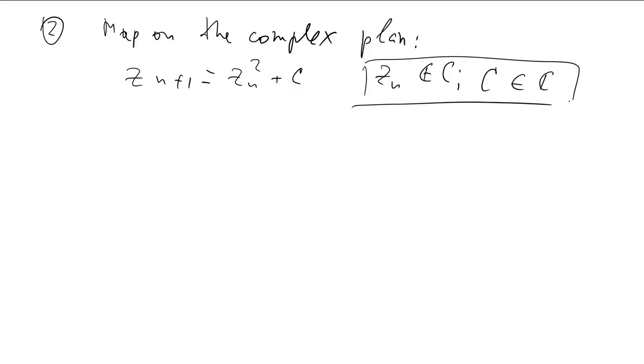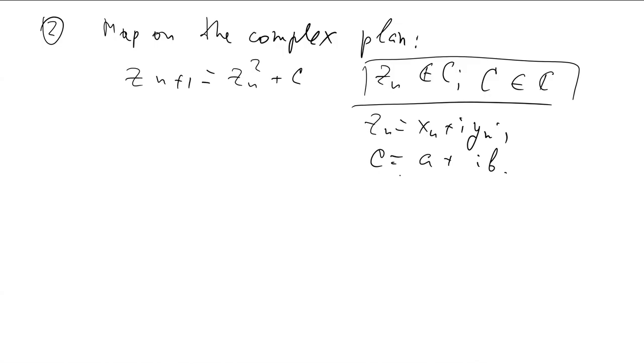Since they are complex numbers, we can put zn is xn plus i yn, and c, let's say, a plus ib. xn is the real part of zn, yn is the imaginary part, and a is the real part of c, and b is the imaginary part.